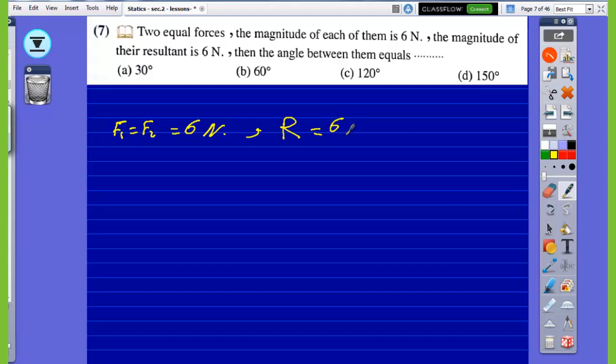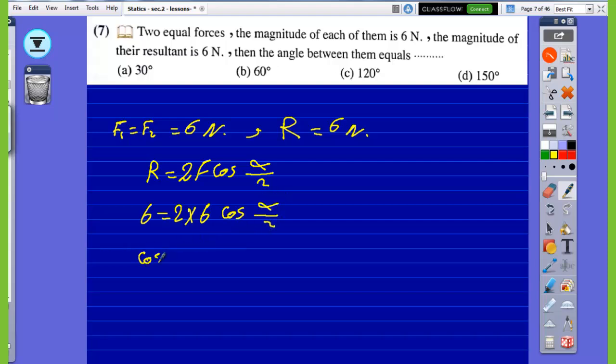equals 6 Newton. Then the angle between them equals, we write the main rule, it is R equals 2F cosine alpha over 2. We have R is 6 equals 2 multiply 6 cosine alpha over 2.